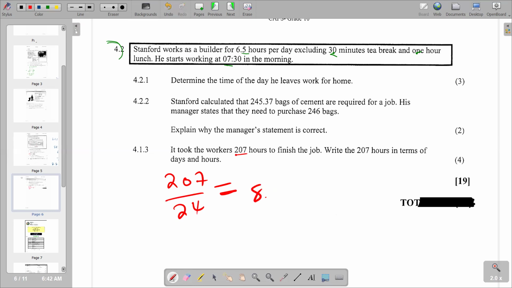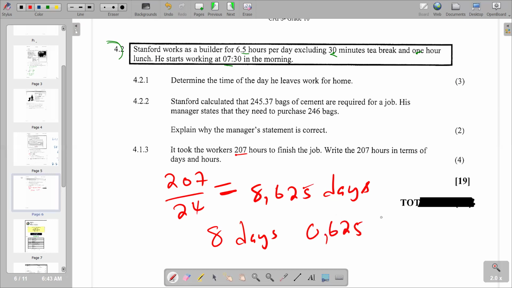is our response, whereby we are saying 8.625. And this is days. So in other words, we have got 8 full days. And then the other part is a fraction, whereby you're saying it's 0.625 day. So this is a fraction of a day. So basically, our answer is to leave it in days and hours. So we have to convert this 0.625 into hours.